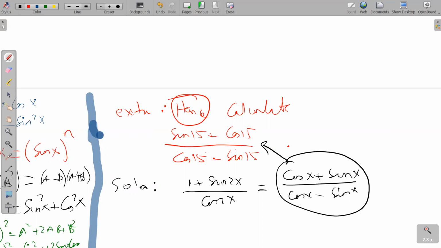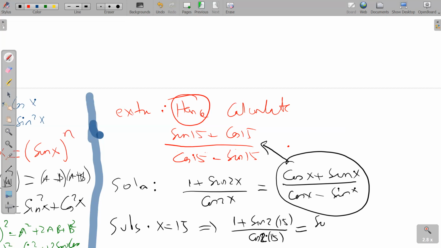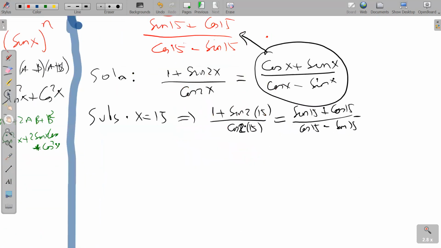So what we substitute in x so that we can get sin 15 is easy. Substitute x equals 15 to get the equation on both sides, of course. 1 plus sin 2 times 15 over cos 2 times 15 equals sin 15 plus cos 15 over cos 15 minus sin 15. So we find it in less than 1 minute.